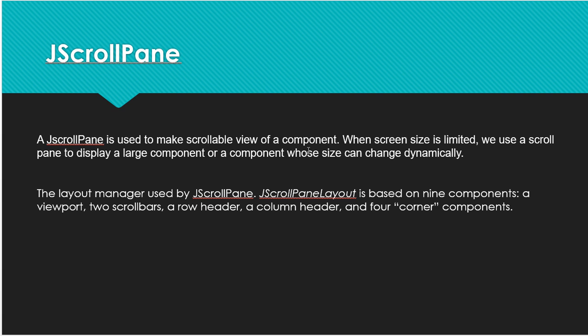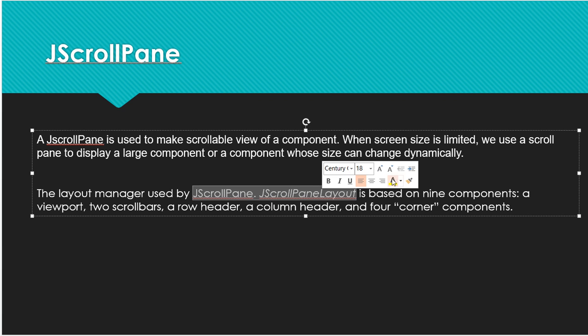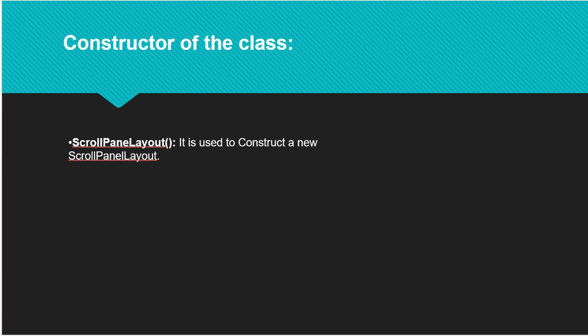These are the 9 components of the JScrollPane layout. Now the constructor, JScrollPane, is used to construct a new JScrollPane. One constructor I have shown, that is enough for you.